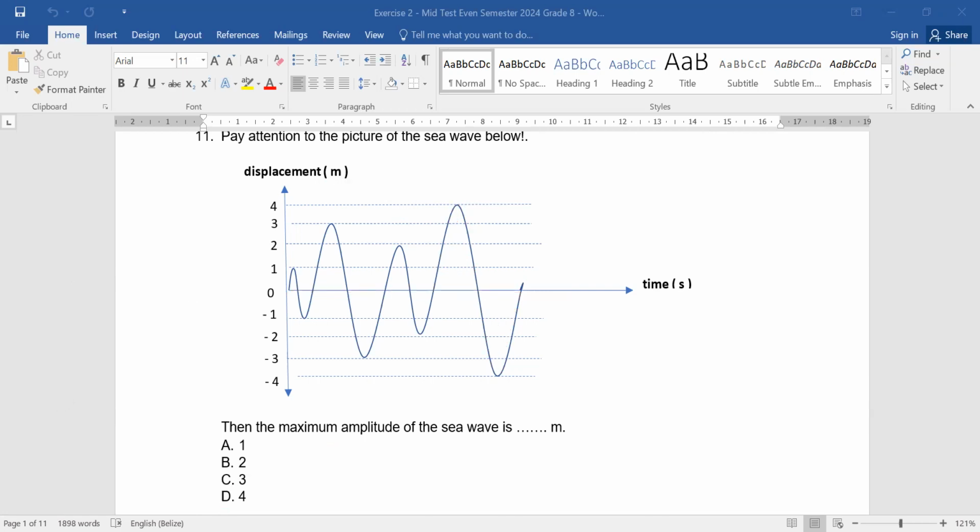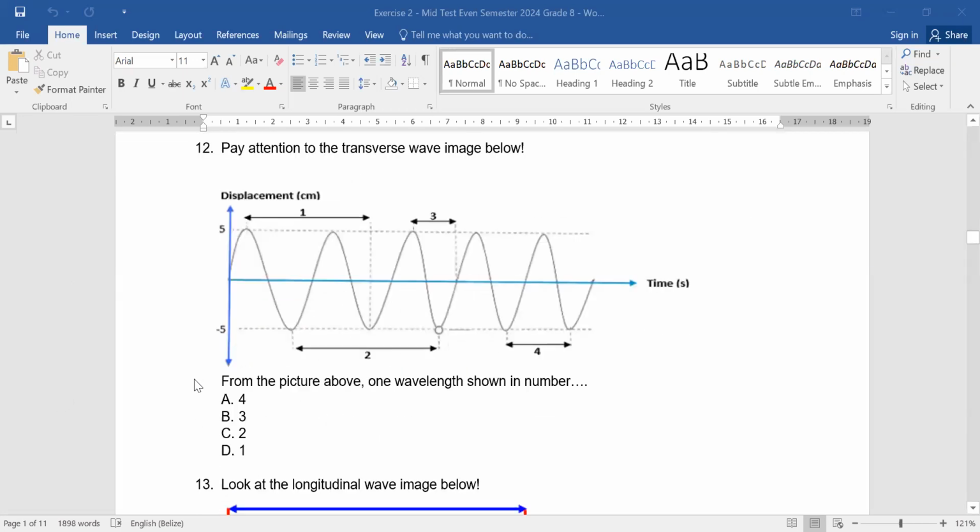Okay, the next one, number 12. You need to find one wavelength shown by the pictures there. So it's about a transverse wave. Remember, in a transverse wave, one wavelength means one crest plus one trough, or you can also call it one hill and one valley, right?